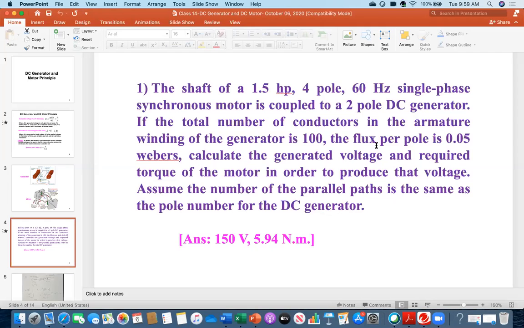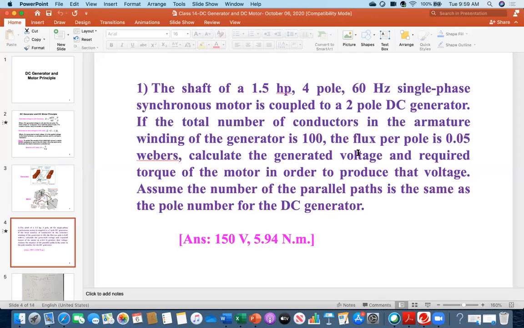As you can see, this is clearly a DC generator voltage calculation problem. The synchronous motor is just working as the prime mover. That's why the question is coming: calculate the generated voltage and required torque of the motor in order to produce that voltage.